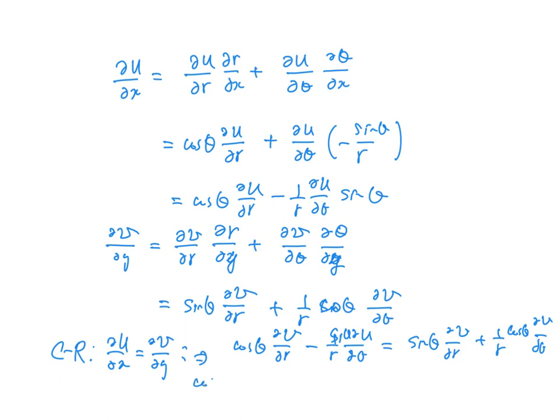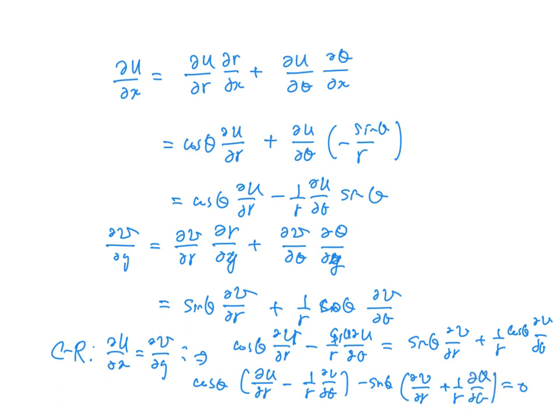So cosine theta, partial u, partial r, minus 1 over r, partial v, partial theta, minus sine theta, partial v, partial r, plus 1 over r, partial u, partial theta is equal to 0, for all theta.